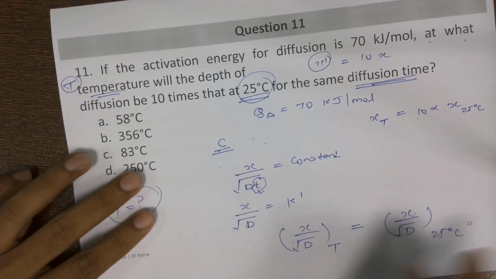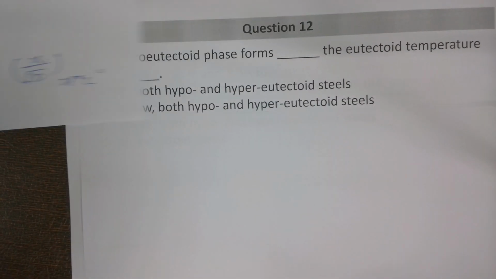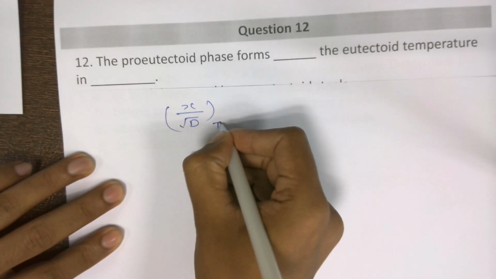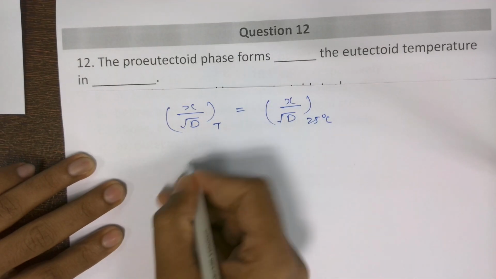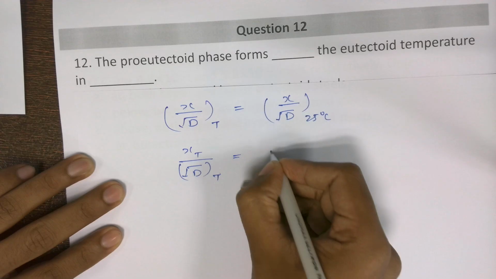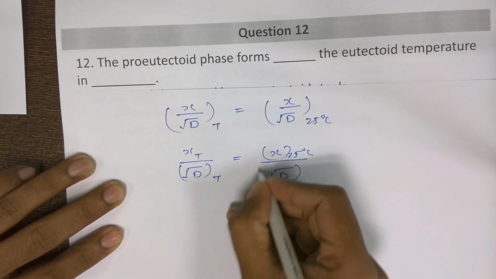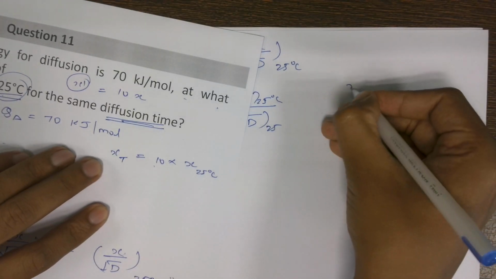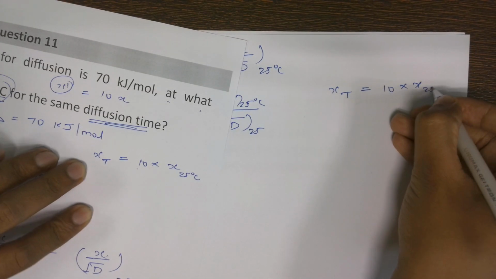Let me take a new page. We wrote x upon root of D at the temperature T is equal to x upon root of D at the temperature of 25 degrees Celsius, with x at 25 degrees Celsius divided by root of D at 25 degrees Celsius. The relation given in the question is that x at T is equal to 10 times x at 25 degrees Celsius.